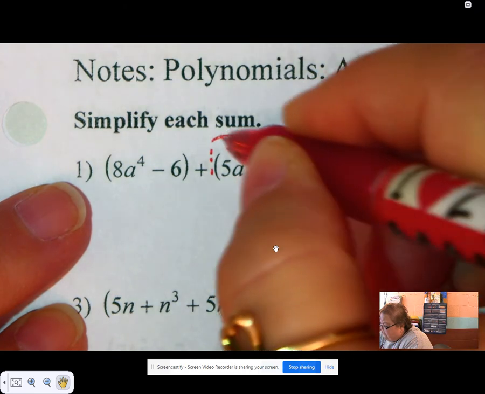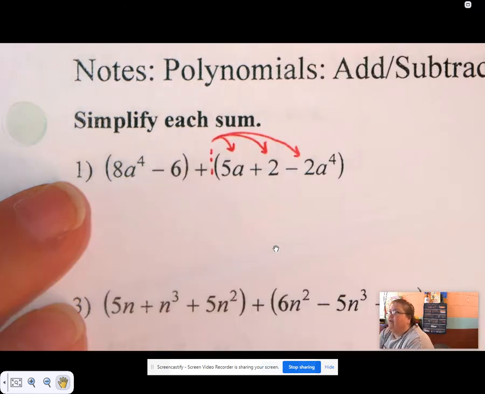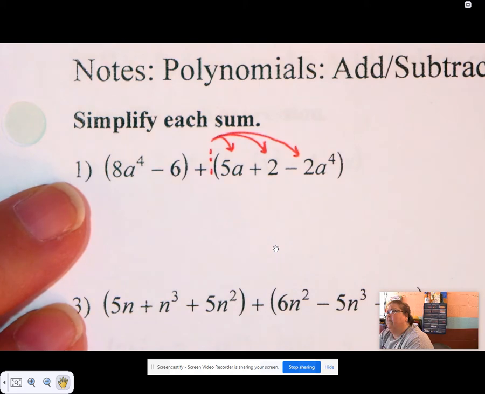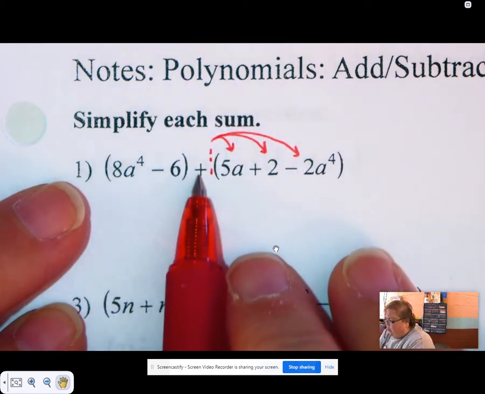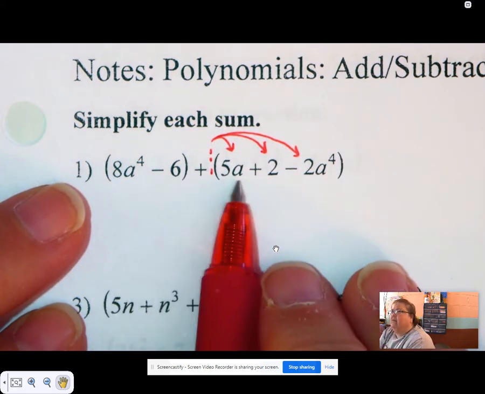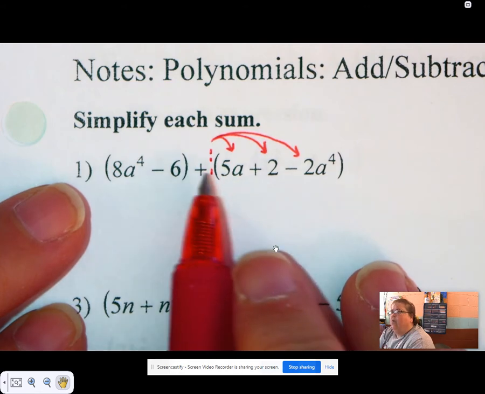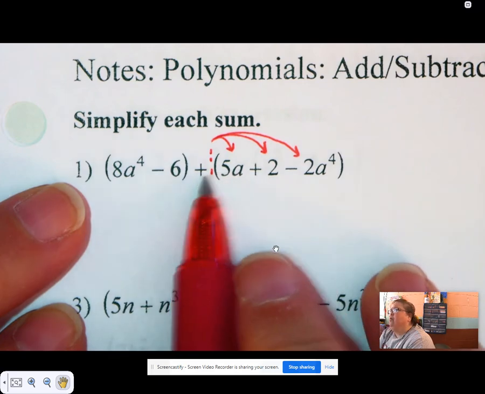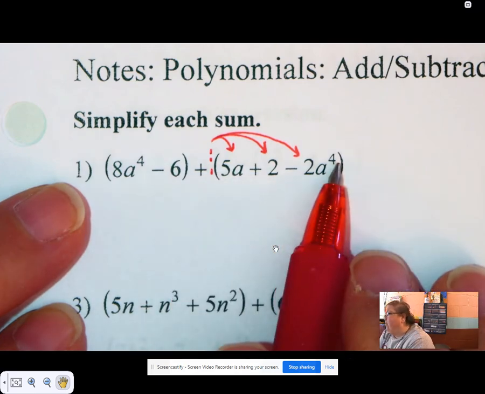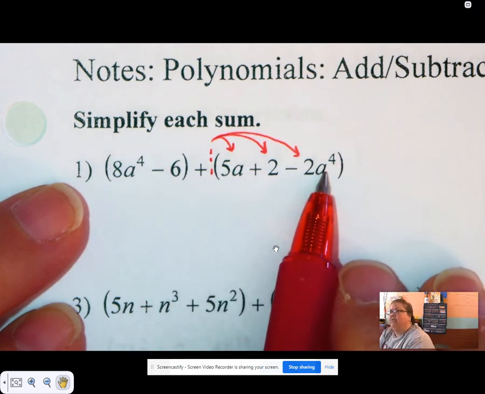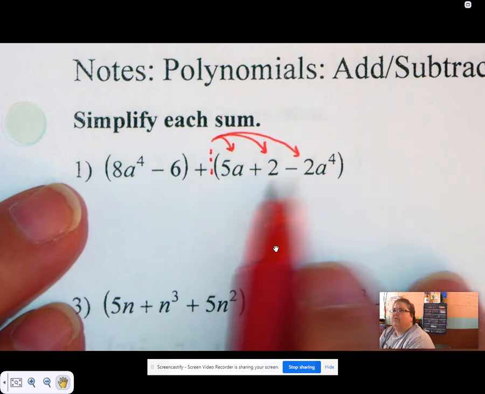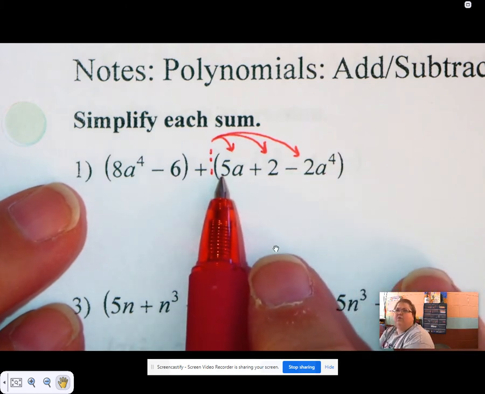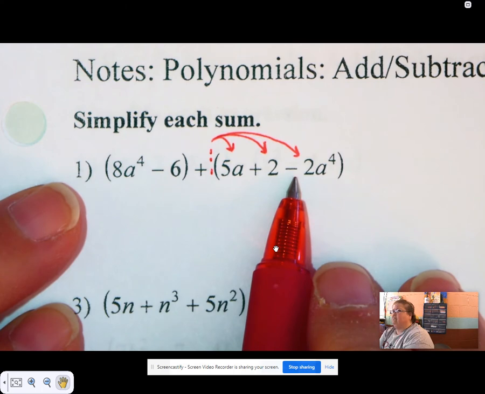And with this, I would distribute that positive 1 to everything on the inside, right? Well, what is 1 times 5a? 5a. What is 1 times 2? 2. What is 1 times negative 2a to the 4th? Negative 2a to the 4th. So does multiplying by that positive 1 change anything?